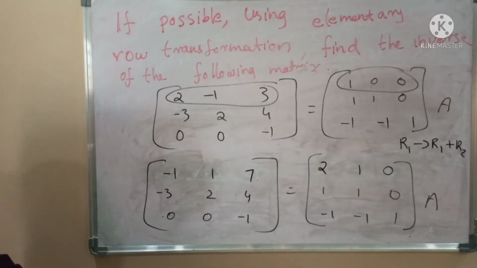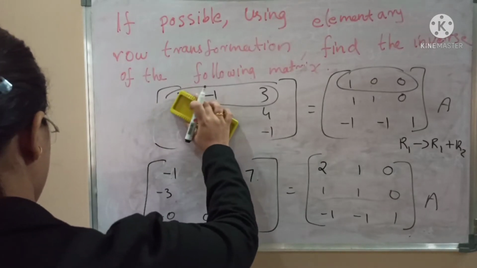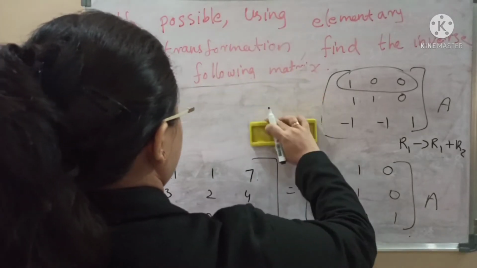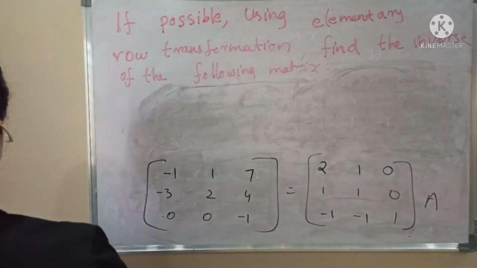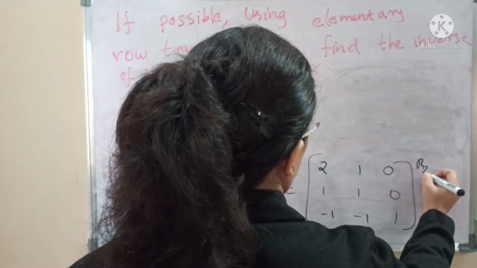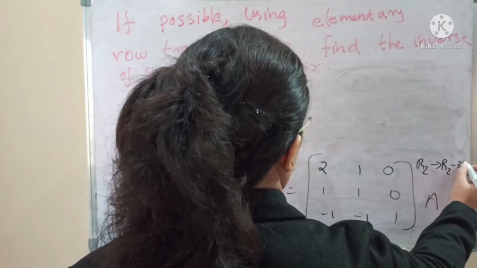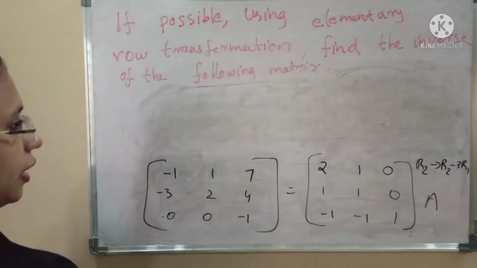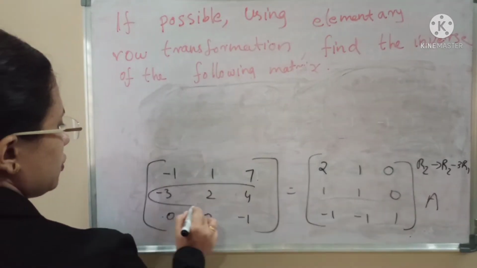Fine. Let's do the next transformation. Our next transformation will be R2 equals R2 minus 3R1. So R2 is going to change.